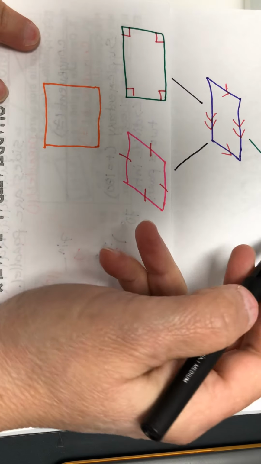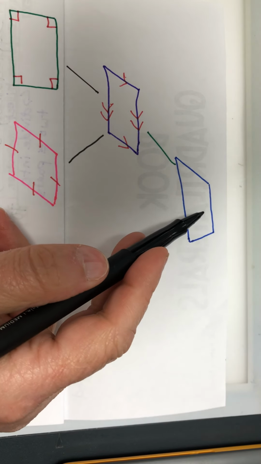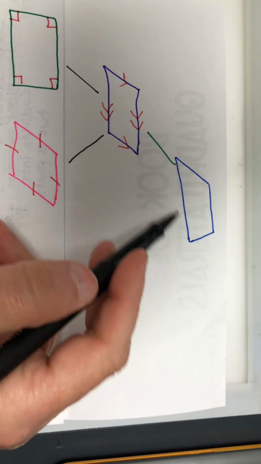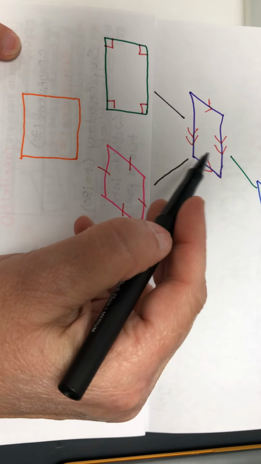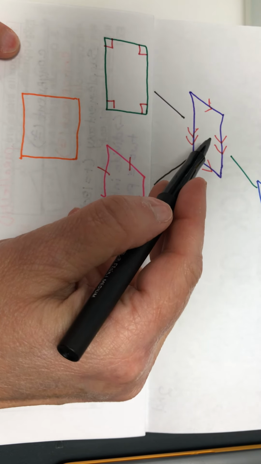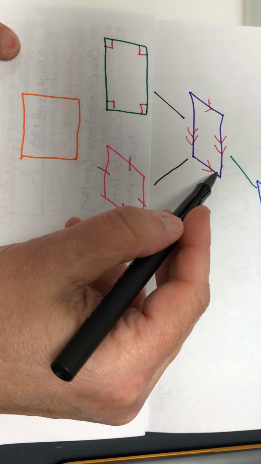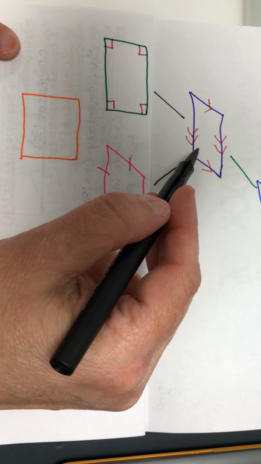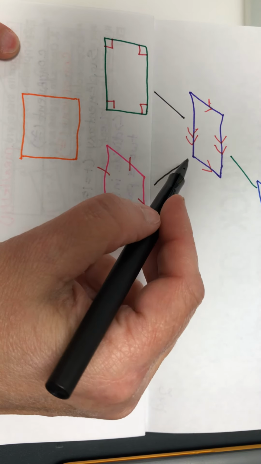It is a quadrilateral, has 4 sides, all its angles add up to 360. It is a parallelogram, opposite sides are parallel, opposite sides are congruent, opposite angles are congruent, consecutive angles are supplementary, diagonals bisect each other.